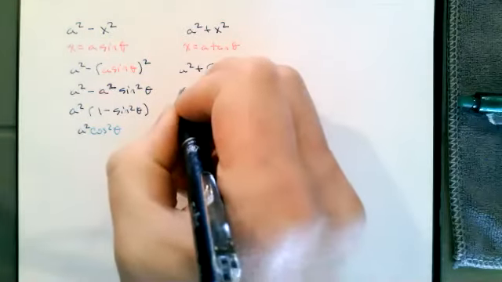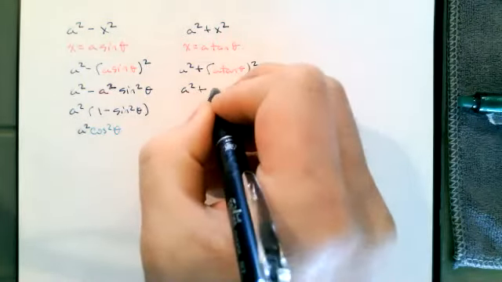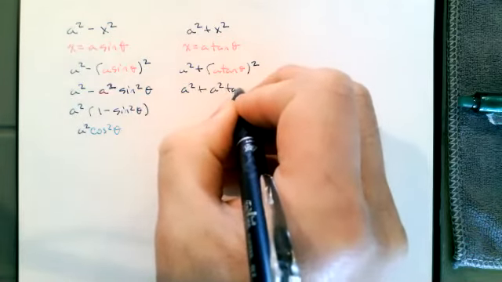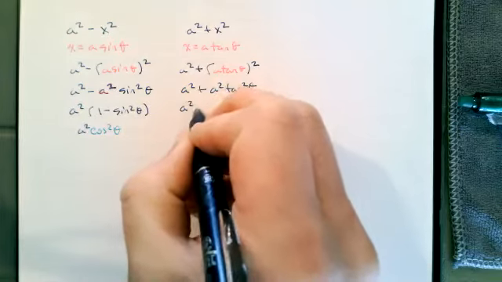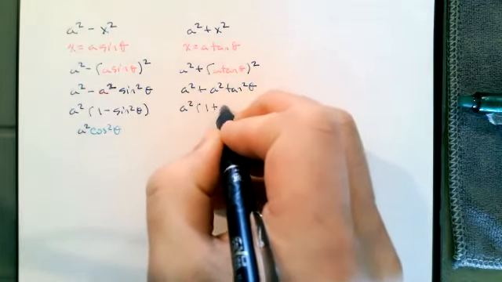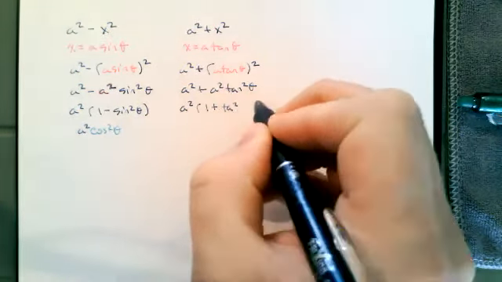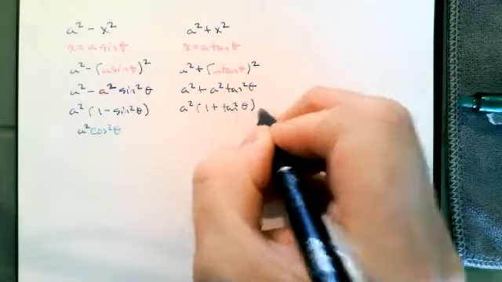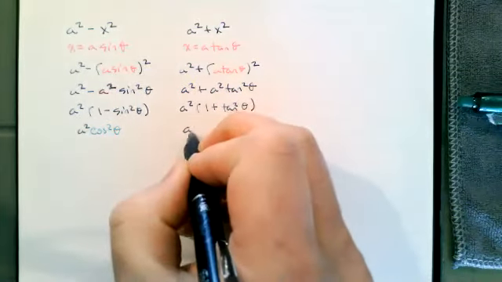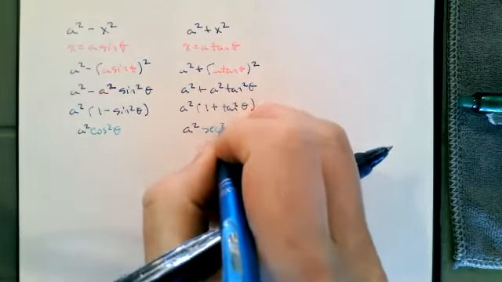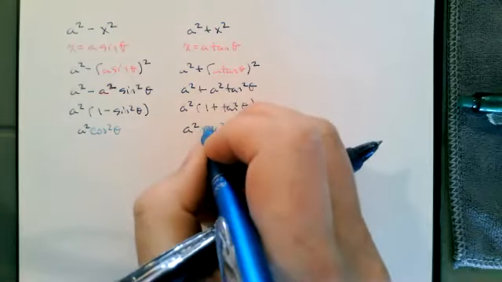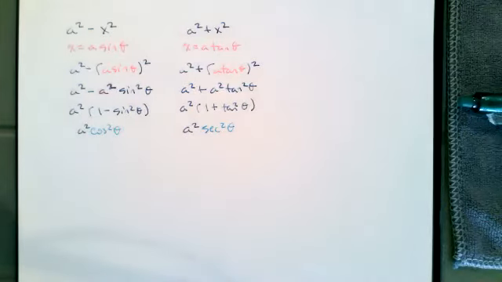So that's going to say a squared plus a squared tangent squared theta. And we can once again factor out the a squared, and that leaves us with 1 plus tangent squared theta. And 1 plus tangent squared is secant squared. 2 terms enter, 1 term leaves. Trig sub Thunderdome.